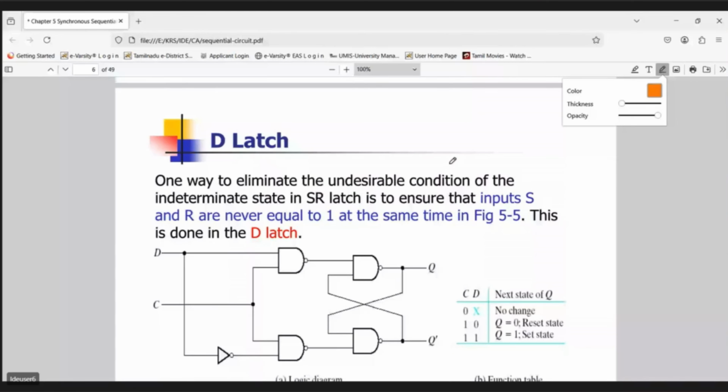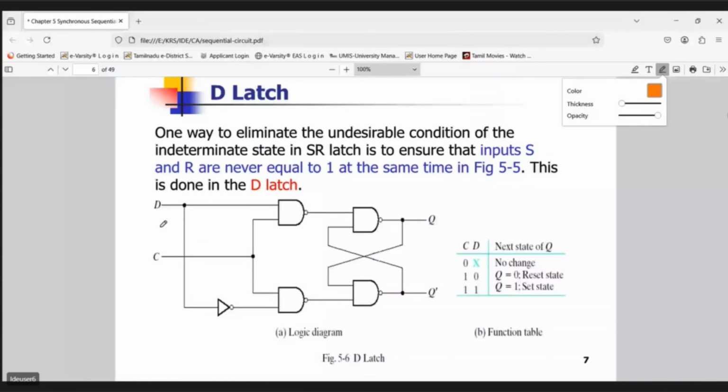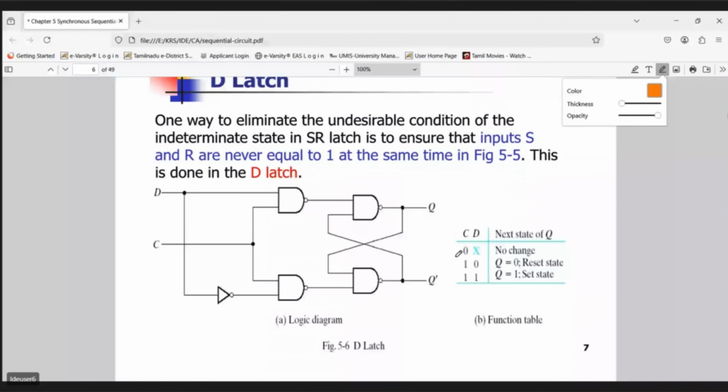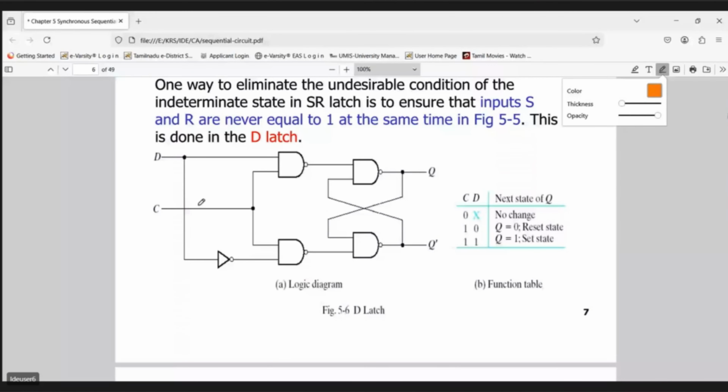So there is only one input, D, and the control is C. So D latch. Initially C value 0 na there is no change. Suppose C value 1, D value 0, then 0, 1 na the output is 1. Then C value 1, D value 1 na so 0.